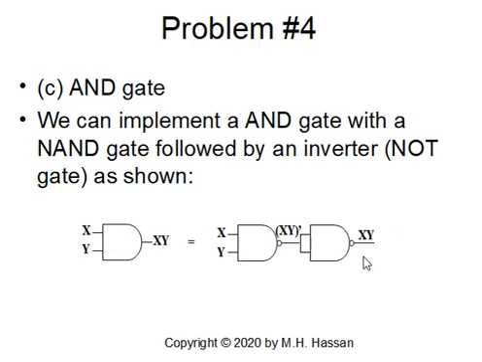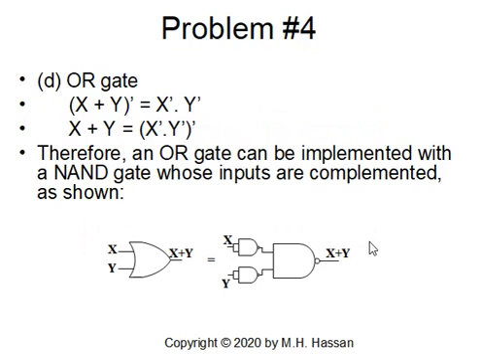To implement an AND gate, if we have a NAND gate and we take the output to an inverter, we will get an AND gate. So we can implement an AND gate with a NAND gate followed by an inverter NAND gate. Now, an OR gate based on De Morgan: (x or y) complement will be x' and y'. Then we complement again, so x or y will be (x' and y')'.